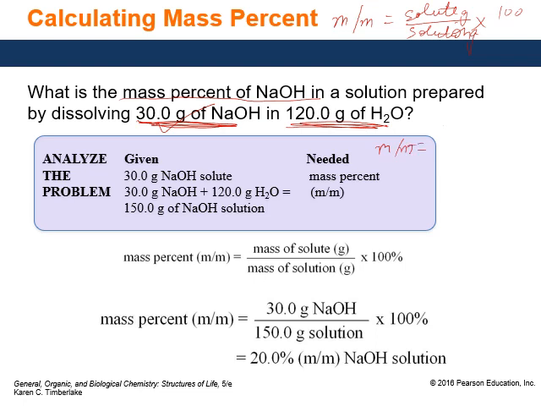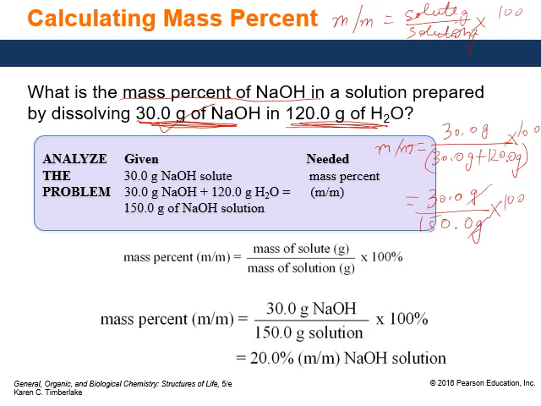This will be equal to mass of solute, which is 30.0 grams divided by 30.0 plus 120.0, add these up, times 100. If you plug this into calculator, that would give you 30.0 grams divided by 150.0 grams times 100.